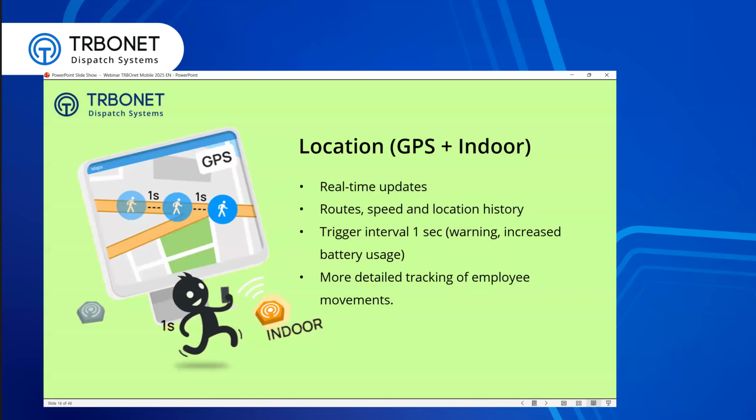Next slide, Irina, please. Okay, location and indoor. That's another module that is very popular within TRBOnet and within MOTOTRBO radios. And this carries over as well to TRBOnet Mobile. TRBOnet Mobile has a very powerful mapping capability that allows you to have visibility of all the contacts and users that you have on your subscriber contact page.